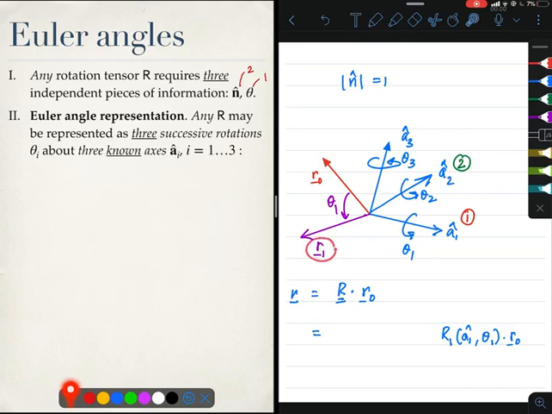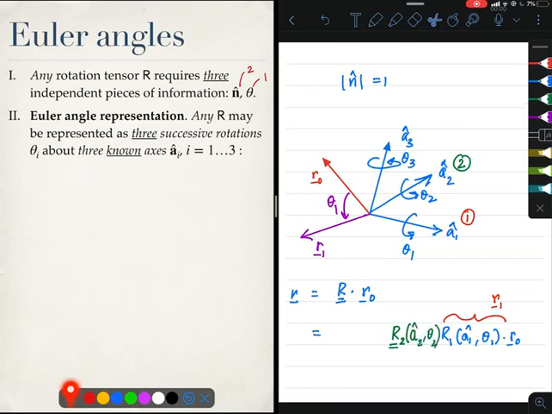Take hold of r1, rotate about a2 by theta 2.